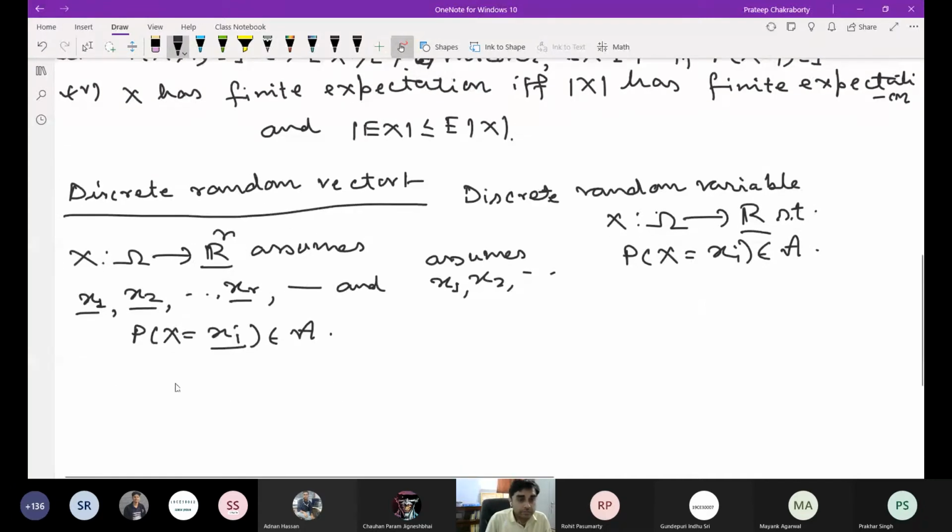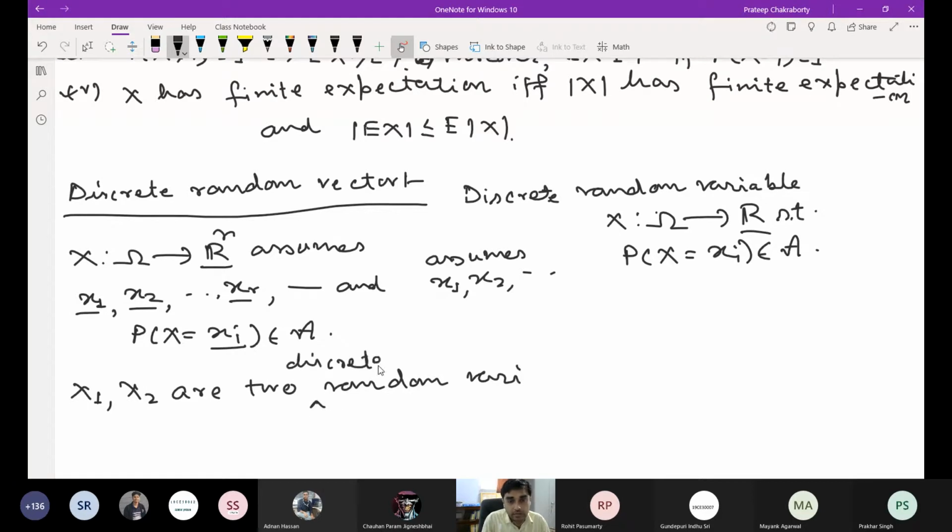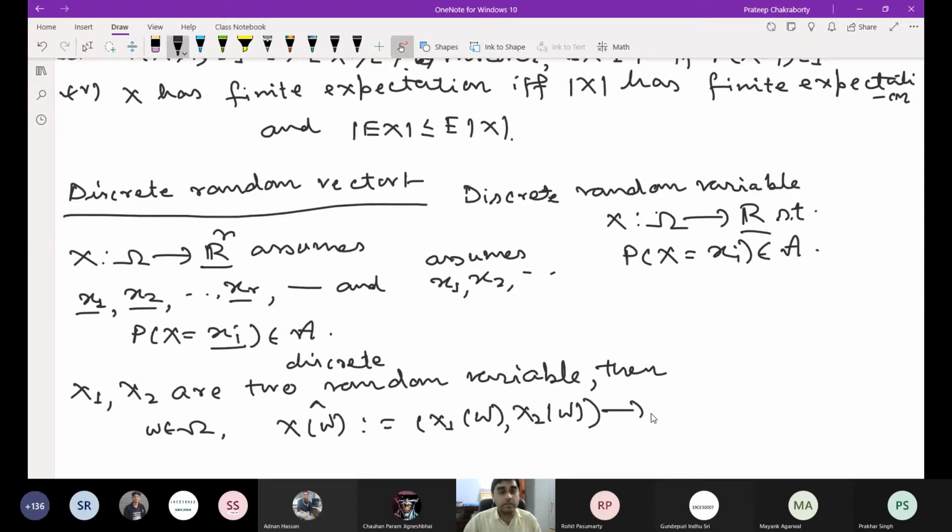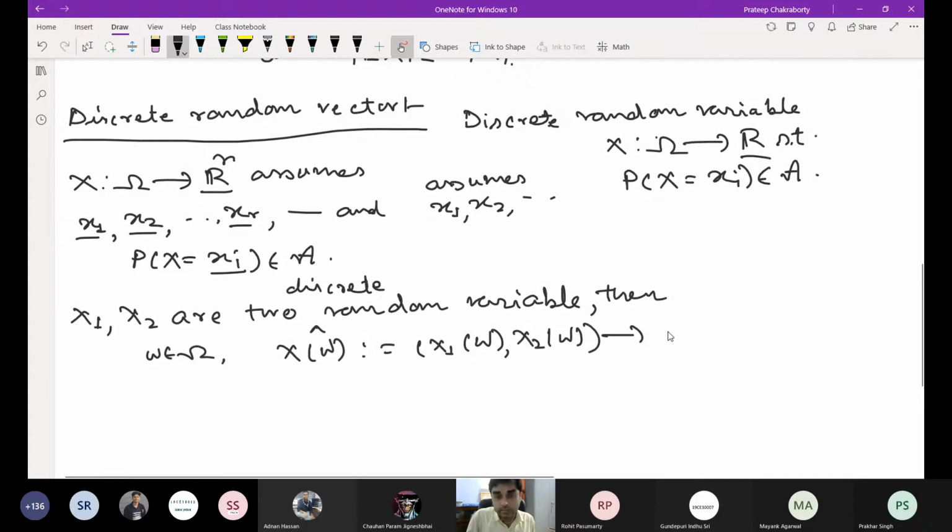Now, suppose X1 and X2 are two discrete random variables. Then we define X(omega), where omega belongs to the sample space, as (X1(omega), X2(omega)). This is also a discrete random variable, a discrete random vector.